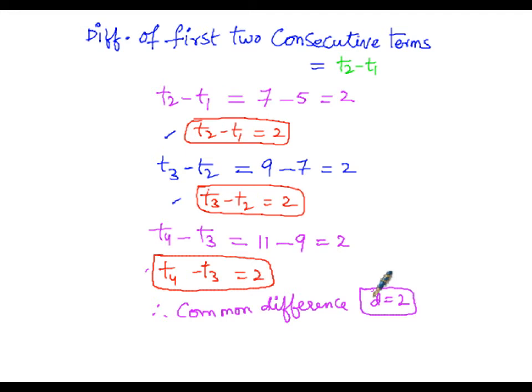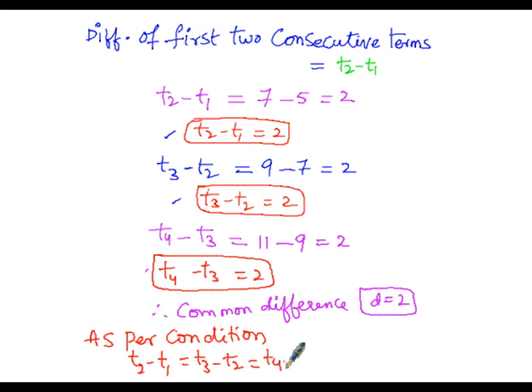So here, as per the condition, T2 minus T1 is equal to T3 minus T2 is equal to T4 minus T3.